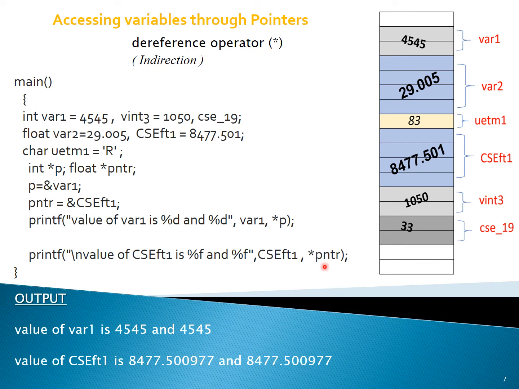And now the second %f will be resolved, and the contents will be displayed using the pointer, because p and t are pointers, they hold the address of this one. Let's suppose we change this one, the content is this float variable 2 or var2, so the output will be 29005.